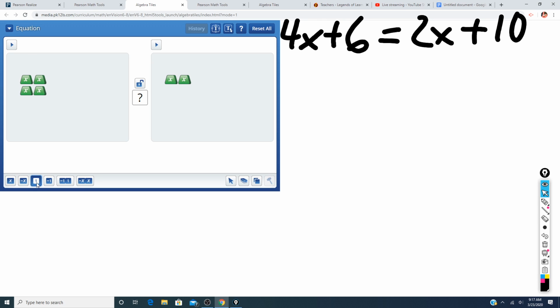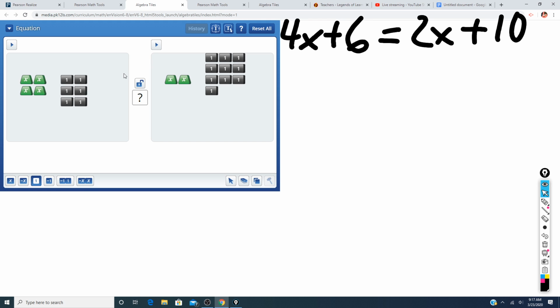Now select the 1 button, and in your left bin select it 6 times. So 1, 2, 3, 4, 5, 6. In the right bin, you're going to select it 10 times. 5, 6, 7, 8, 9, and 10.